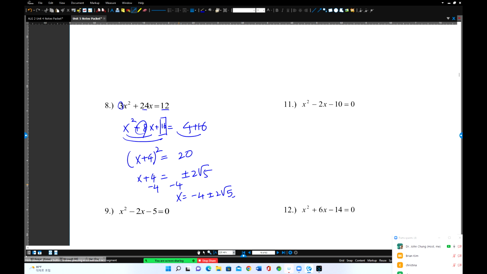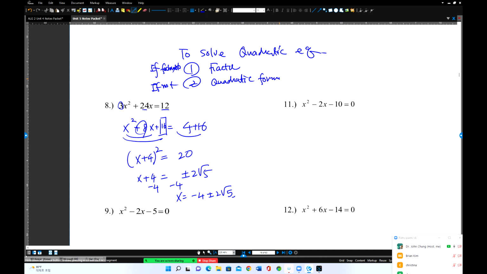So remember, to solve a quadratic equation, first one, if factorable, use factoring. If not, use the quadratic formula.